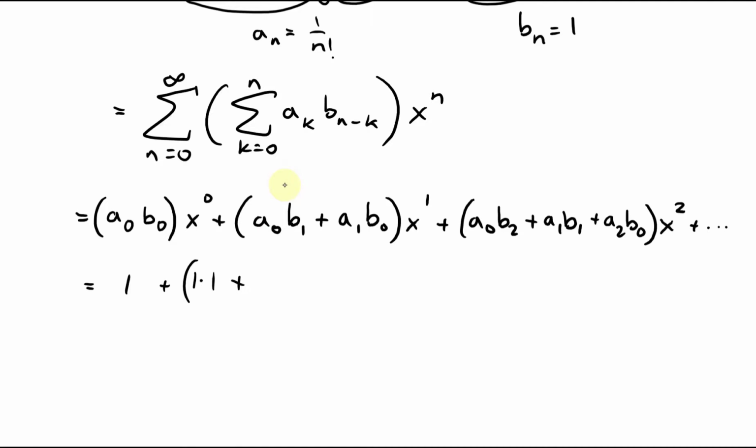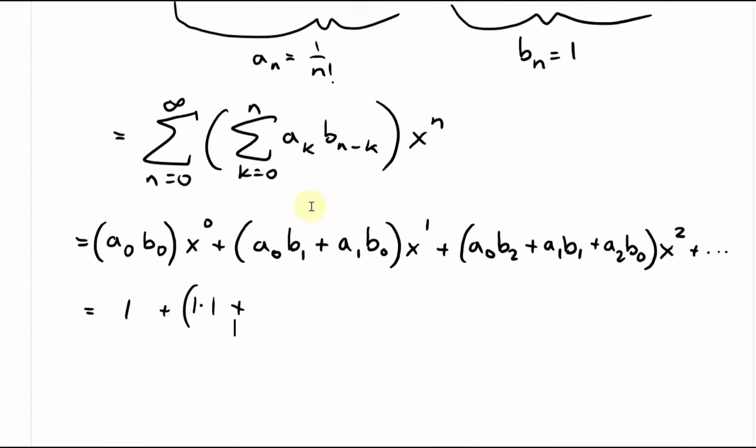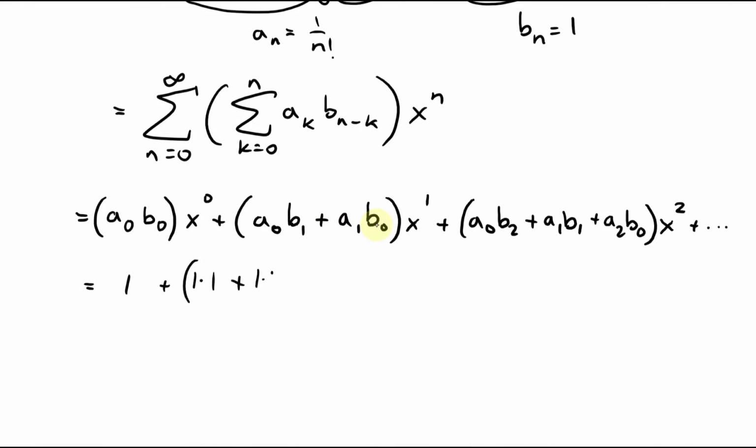And then plus a1 times b0, which is also 1 times 1. It's also 1. So just leave it like that. x1. Plus the next one is going to be a0 is 1, b is always 1. So b is always 1, just leave it like that.